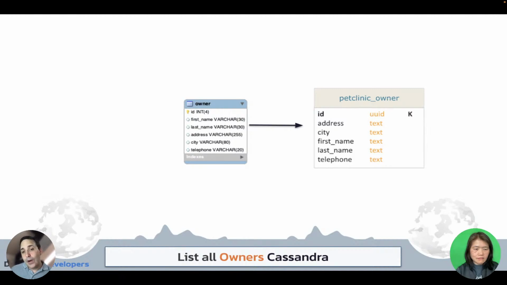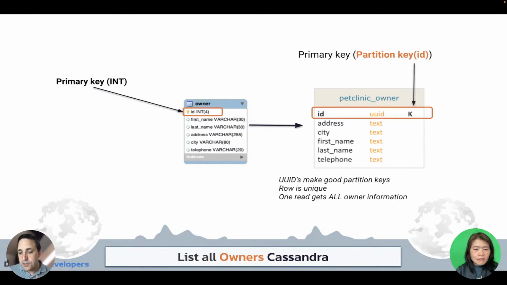So it's a way to get a unique ID without introducing any dependencies between the nodes. Okay, so the table for owner will be pet clinic owner. This UUID is enough to ensure uniqueness, so it's the primary key. So one done. Okay, keep moving.